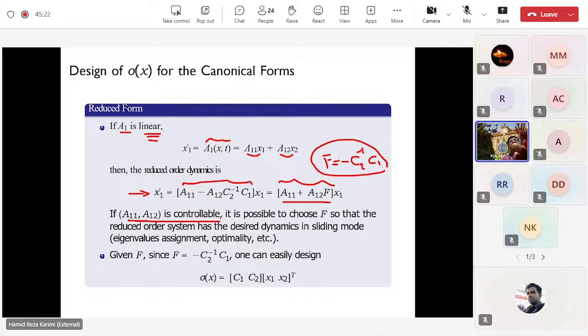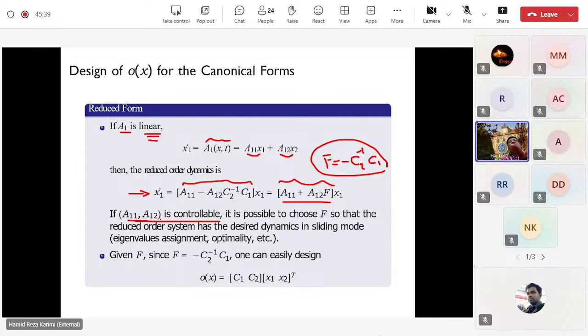Here it says that A11, A12 is controllable, but this controllability condition has some constraint on the selection of A11, A12.